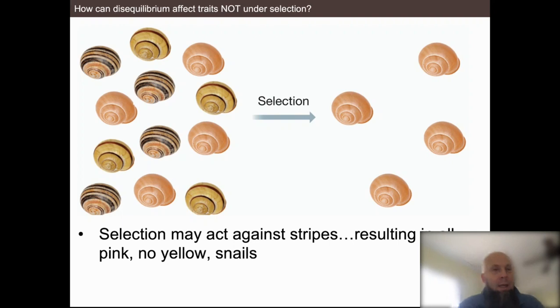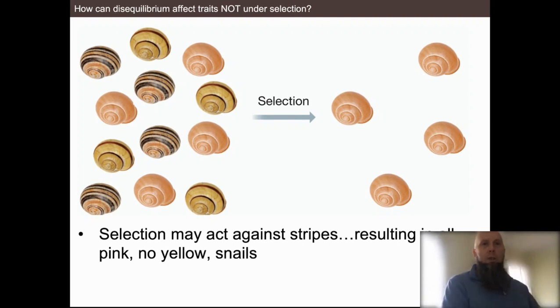Now, because we can observe an instance of disequilibrium in this population on the left, we're going to see something pretty interesting. Look at the population on the left, and you will see that there are individuals with stripes and without stripes, and individuals that are pink and yellow. Now, there are a couple different combinations there.